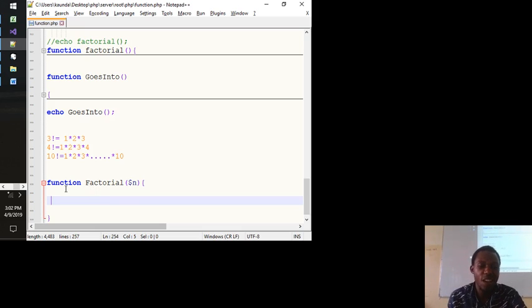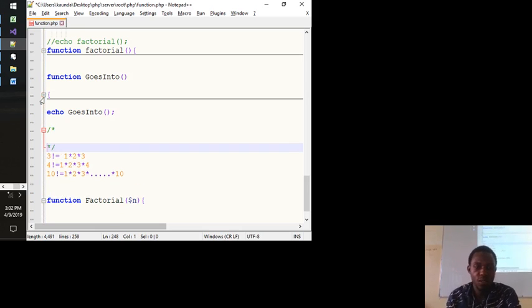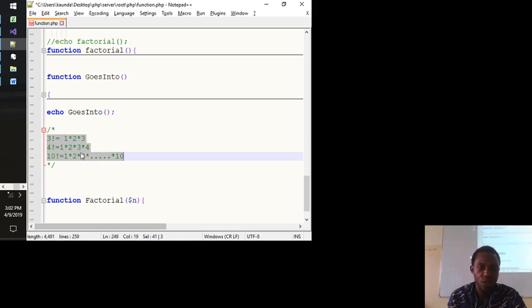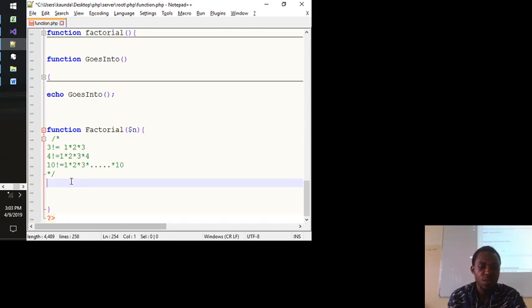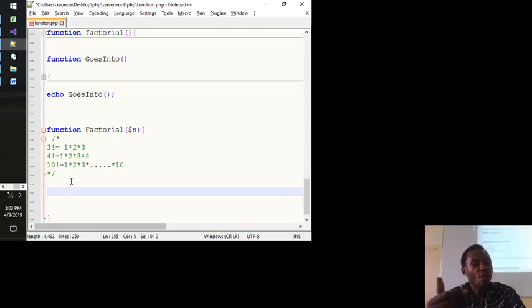So let's push this here as a comment. We will multiply it by 1, 2, 3, 4, 5 up to n. So we know where we are ending. If n is 10, we are ending at 10.